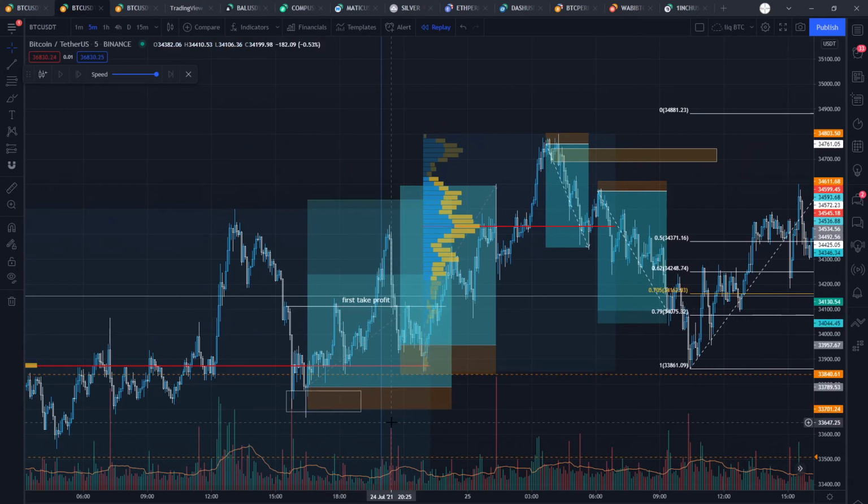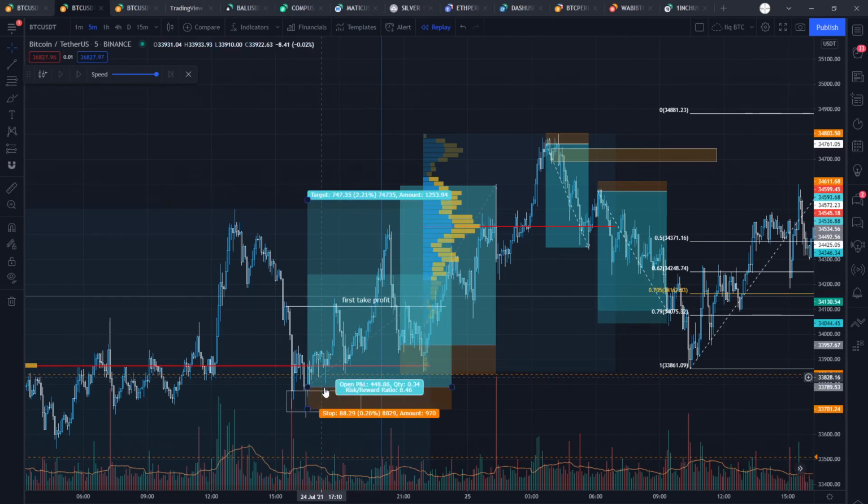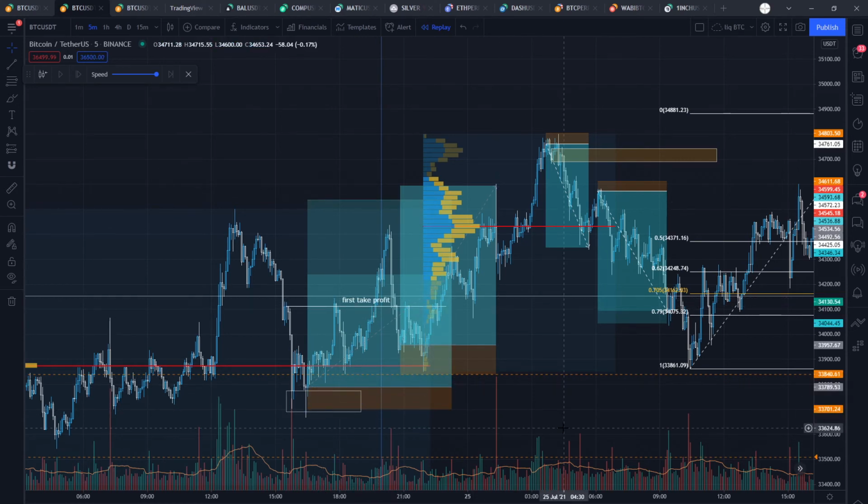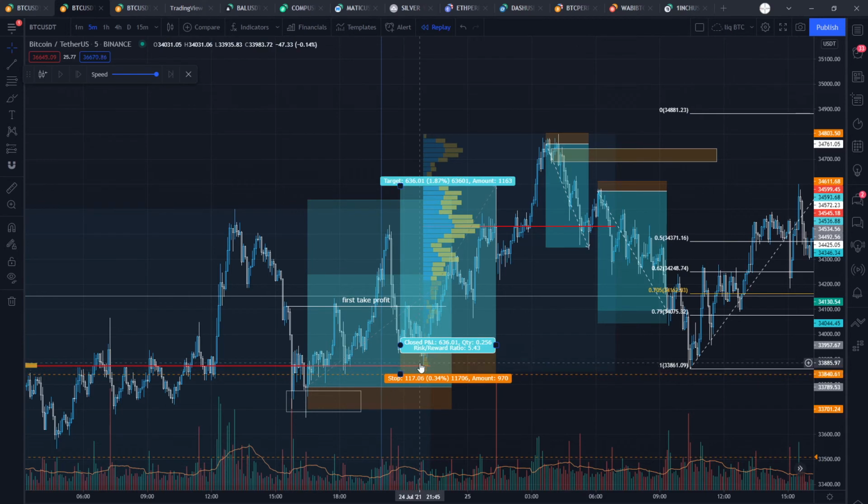So even if price moved lower against me, I would already have scaled out a lot of my position and moved my stop to break even before getting stopped out, and I still would have made a profit. So that's how you guys can use imbalance to not only figure out where price is likely to go to, but also where you guys can take profits at, and how to scale out and stuff like that.